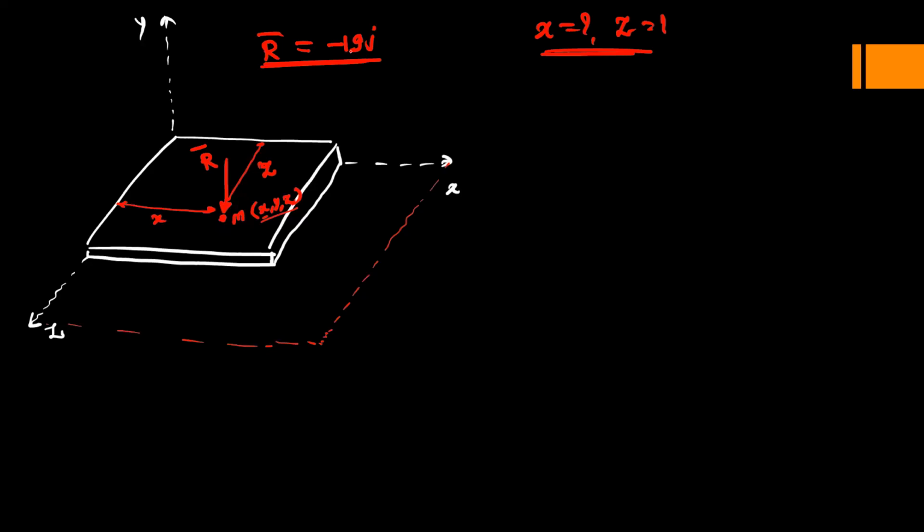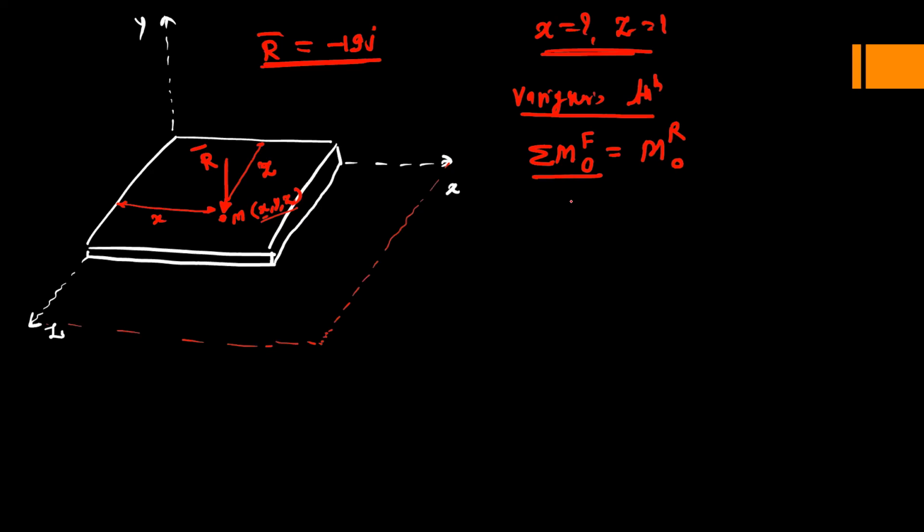So here we have to use Varignon's theorem. By using Varignon's theorem, we can find out the position of the resultant. Varignon's theorem says the summation of moments by all the forces about the point O is equal to the moment by the resultant about the same point O. Okay, so for the summation of moment, we have to refer to the original system, that is the system of forces.